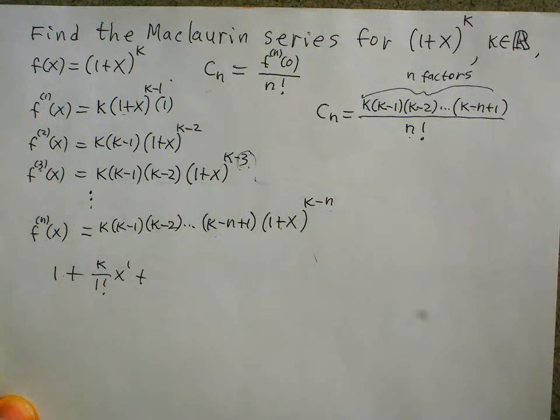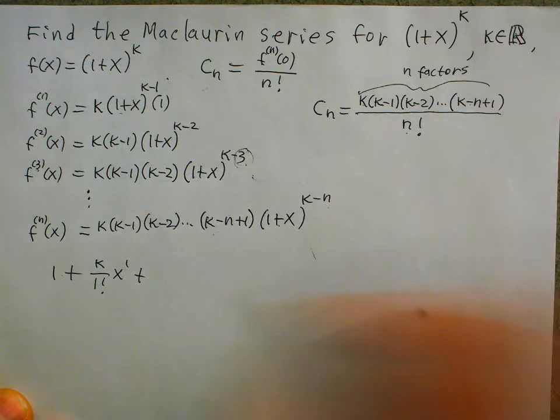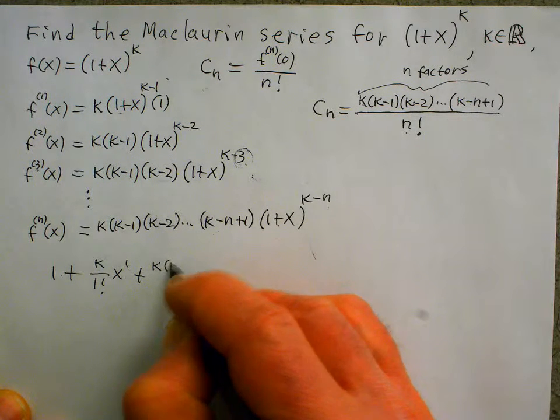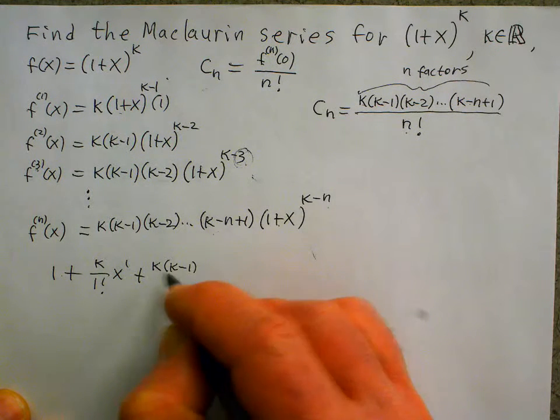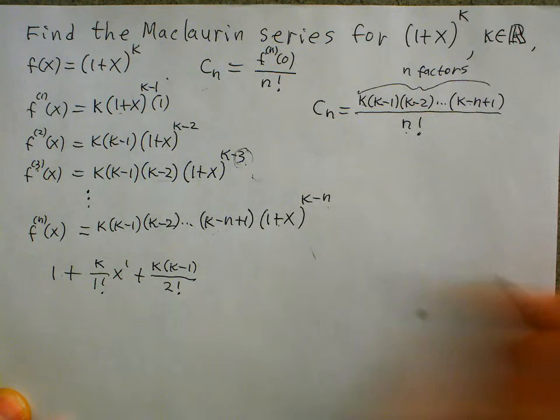What's the next one? Yeah, k times k minus 1 over 2 factorial times x to the second.